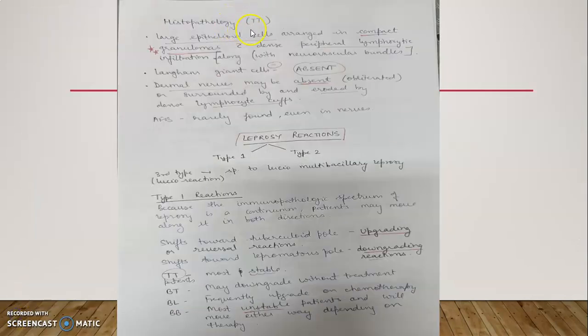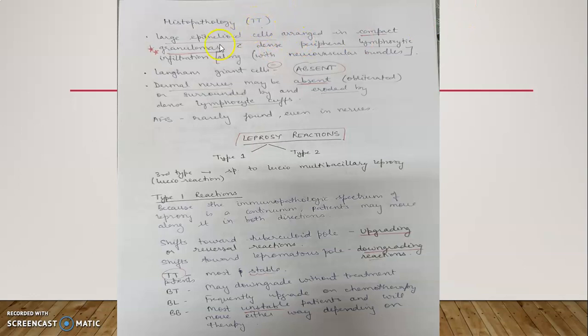On histopathology of TT, as patient immune response is better, large epithelioid cells arranged in compact granulomas are seen with dense peripheral lymphocytic infiltration along the neurovascular bundles. Langhans giant cells are absent. So Langhans giant cells were present in borderline tuberculoid leprosy while they are absent in tuberculoid leprosy.